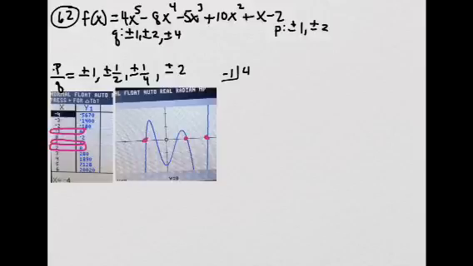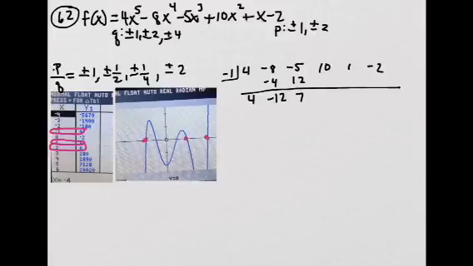So 4, negative 8, negative 5, 10, 1, and negative 2. If we bring down the 4, negative 4, negative 12, multiply, you get 12, you get 7, minus 7, you get 3, negative 3, you get negative 2, and then 2, you get 0. Okay, so that one, we already knew it was going to work. So now I'll try 1. And remember, use the reduced polynomial.